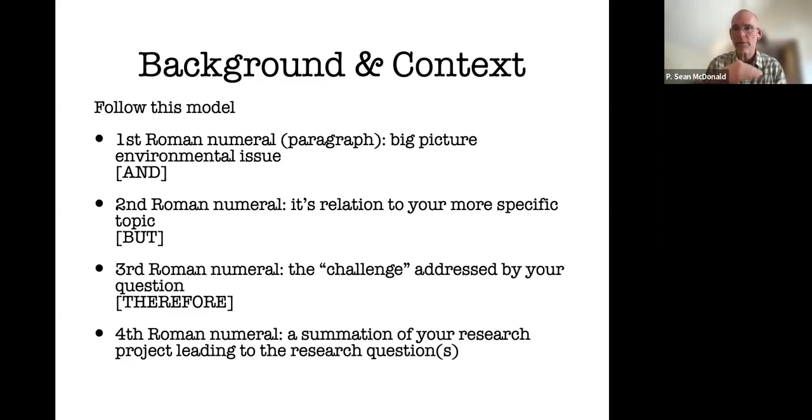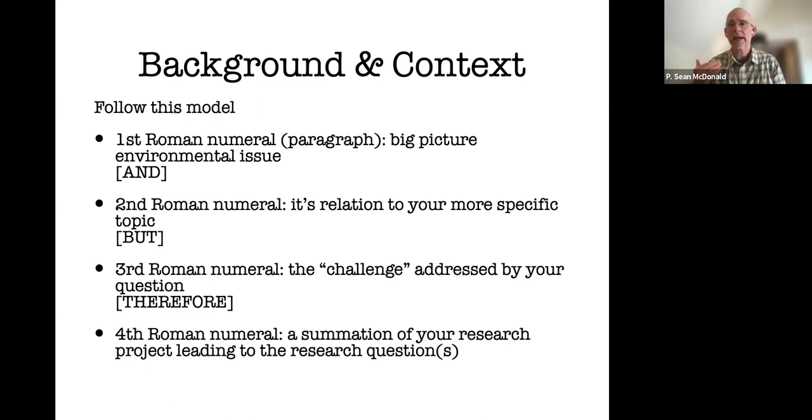And then finally, the "therefore," the 4th Roman numeral, the 4th paragraph, which is, therefore, my research sought to investigate the issue or the challenge of physical conditions and how it impacts student learning through a variety of techniques, including a literature review, some observations of children in an outdoor school setting, and my internship working with the Audubon Society of Seattle.